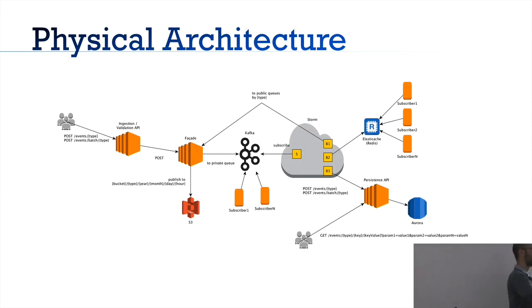We have a bolt that's responsible for writing back. That's something I should mention: all the messages that are published to Kafka are coming in on a private queue. So all 30 plus log event types are going on a single queue here. Then we're subscribing, we're picking them up, and this bolt says, oh, you gave me a type A, I will write back to this facade, but on a public queue, so that I can have subscribers to the public queue.